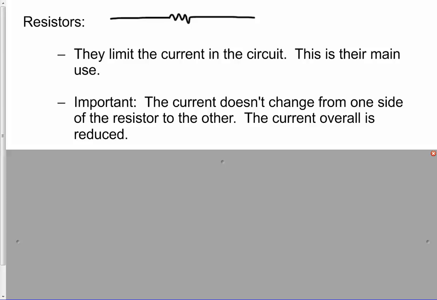Think of it this way. Think of water flowing through a pipe, and think of the resistor as if all of a sudden the pipe gets really skinny and then gets big again. That's the analog of the resistor. It's not like the water goes really fast and then slows down here.